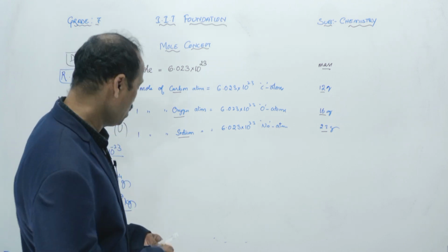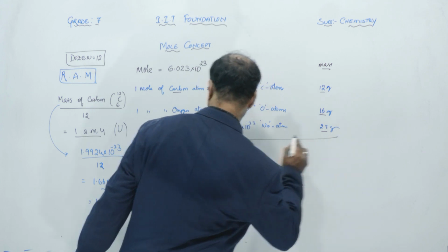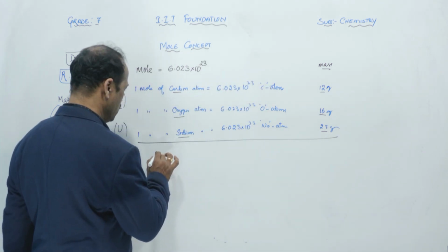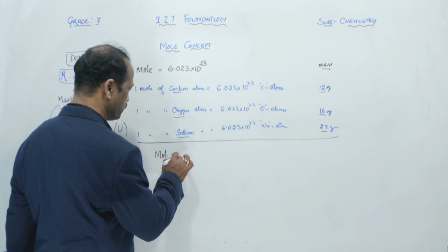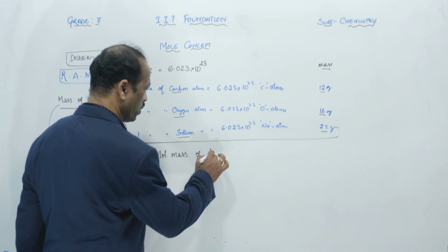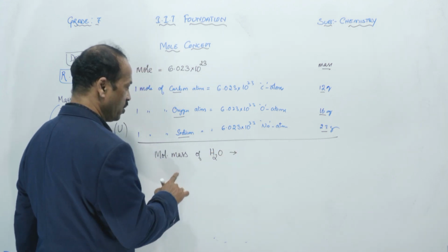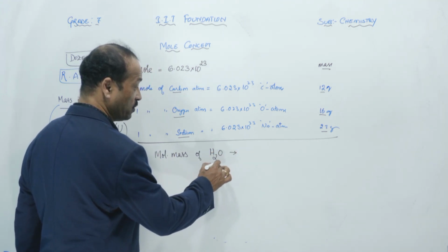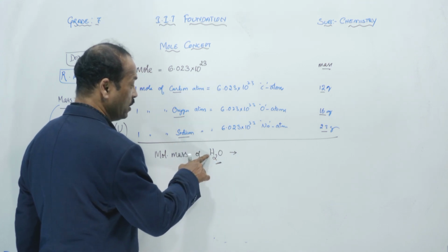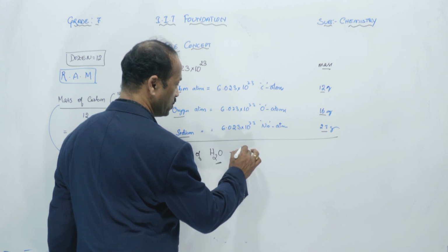For example, molecules are there, like water. This we already discussed, but once again, molecular mass. Molecular mass of water I want. The water formula is H2O, right? To calculate the molecular mass of water, how many hydrogens are there? 2 hydrogens. 2 into hydrogen.